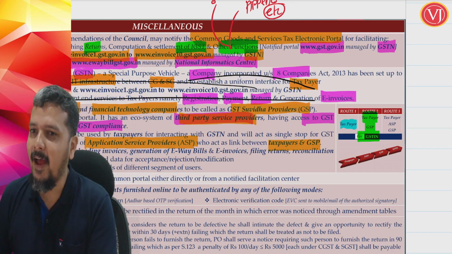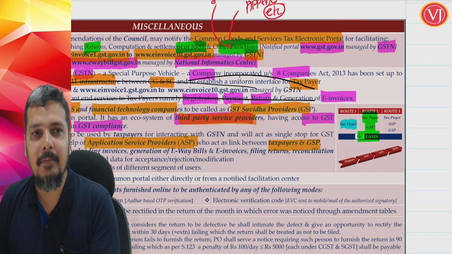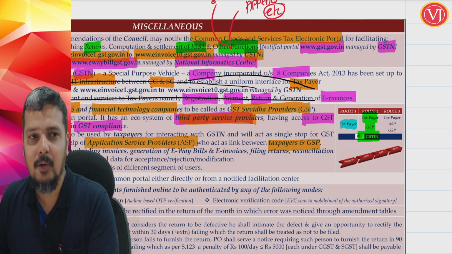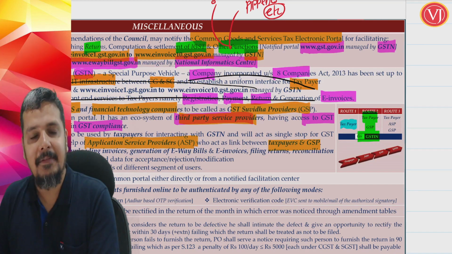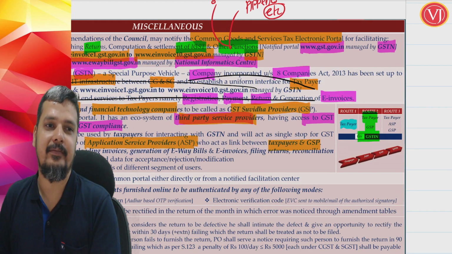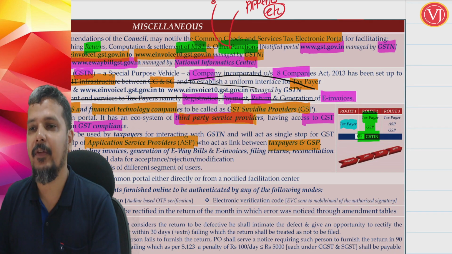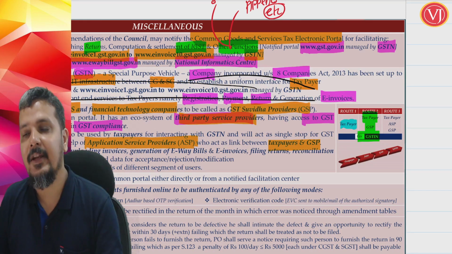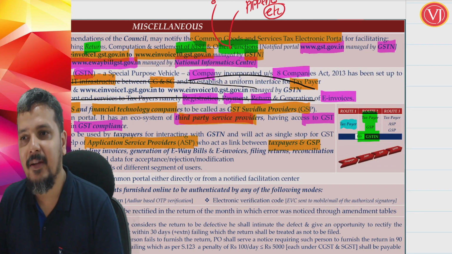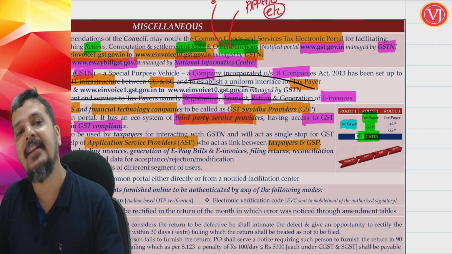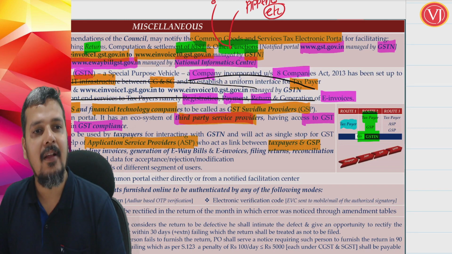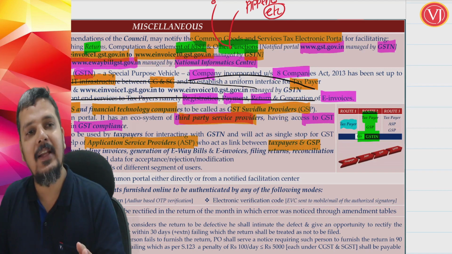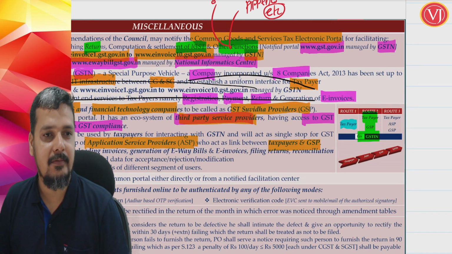Do you think that the restaurant or the company will have its entire accounts in this ASP? No. It will have only the sales information. That information will go and sit in your GSP, and the GSP will have other information, which will then talk to the portal.